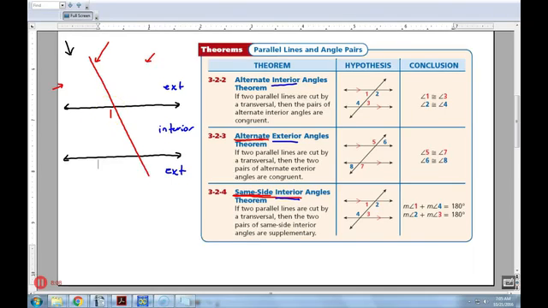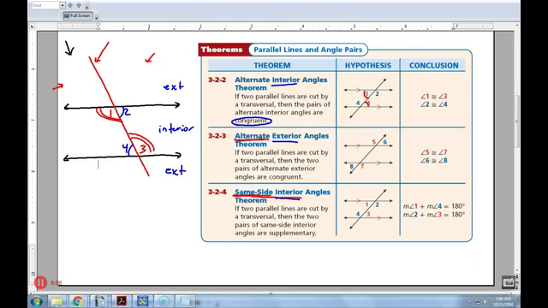So angle 1 and angle 3, just like in the drawing, are inside the parallel lines, but on opposite sides of the transversal. Similarly, 2 and 4 would also be alternate interior angles. And the theorem says that they are congruent. So this angle and this angle have to be equal to each other, and these two angles are going to have to be equal to each other. We saw that in our earlier examples, but now we formally have a definition for it.